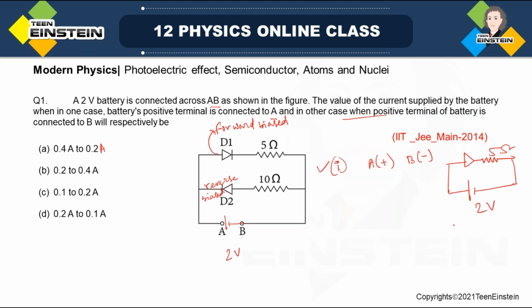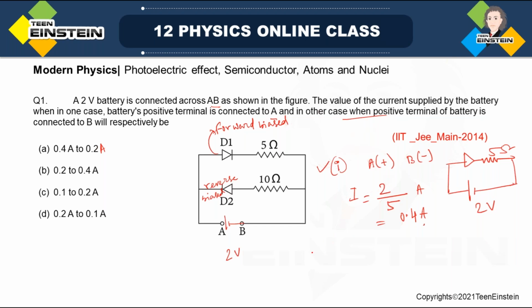Then what will be the current in this circuit? So current will be 2 volt divided by, so V by R, voltage by resistance will give you the current, right? So V by R, this will be in ampere. So you look here, it is 0.4 ampere.